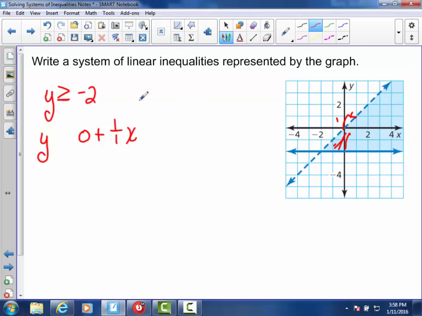It's a dashed line, so it won't have the line underneath. We're shading below the line, so we're going down, so the numbers are less than. Okay, and then most likely we would clean this up, simplify it because we don't really need the 0 or the 1 over 1, so we would just simply say y is less than x. And that's our system.